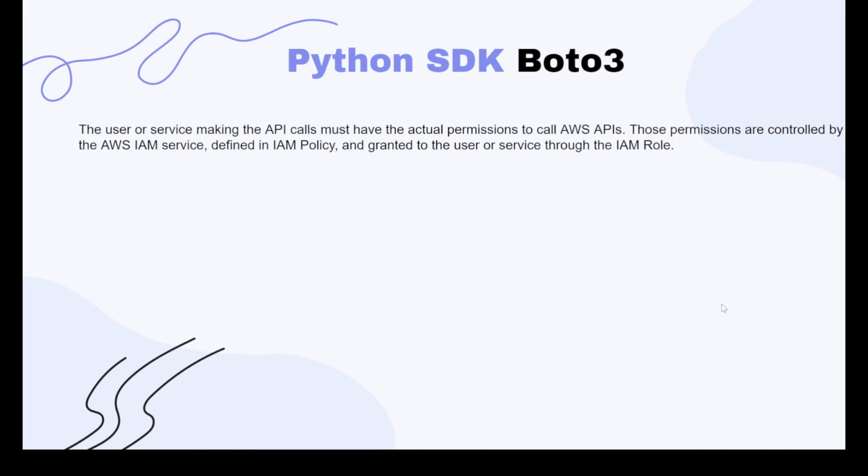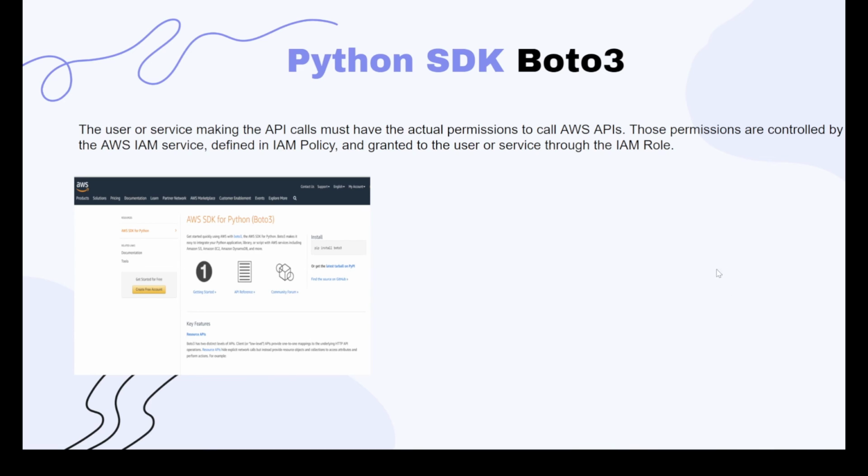As we will see in the hands-on, we should have the access key and the secret key, these credentials, to make the calls. These policies should be granted to the user or to the service through the IAM role.